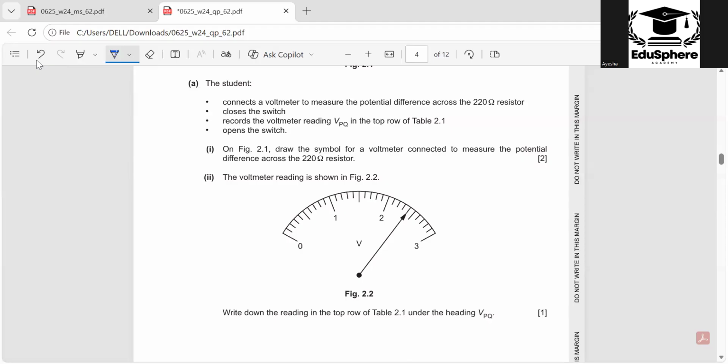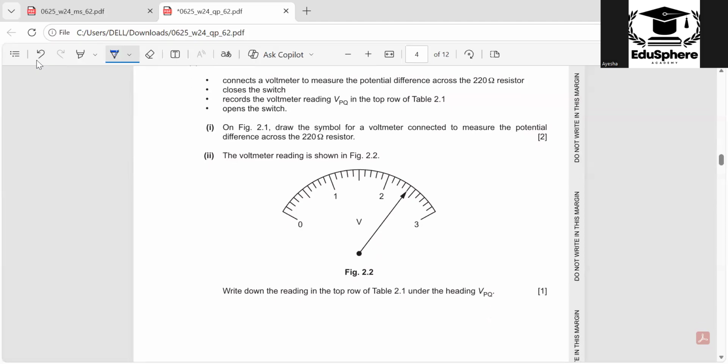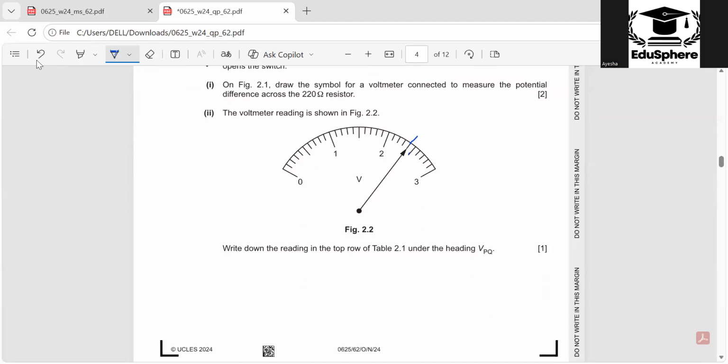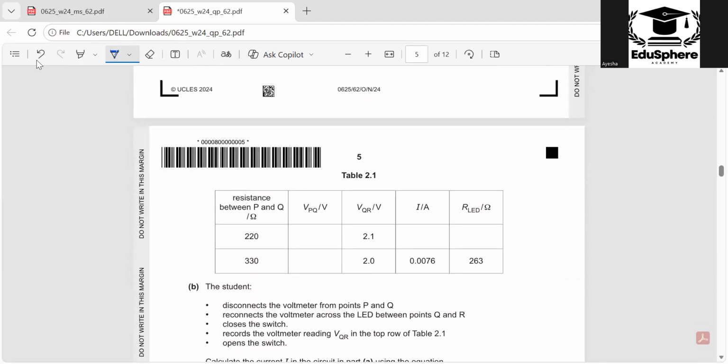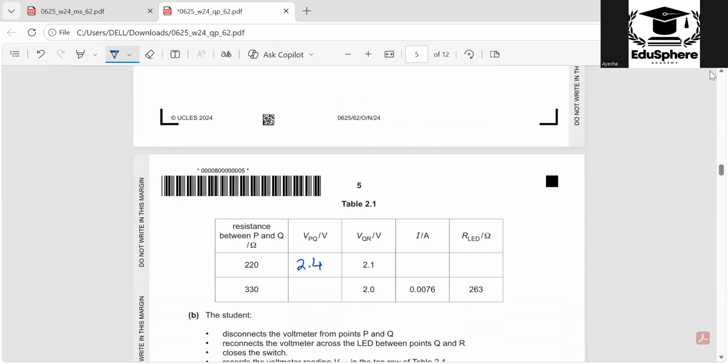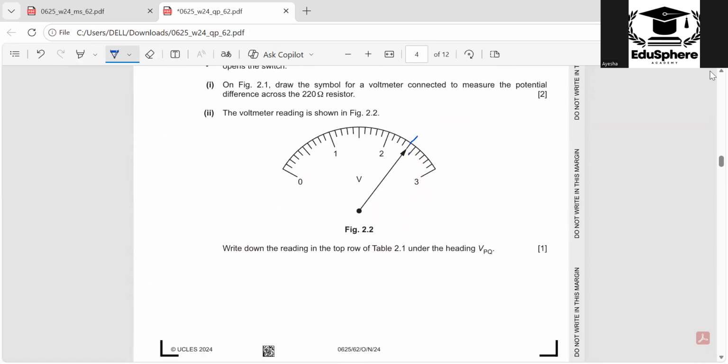We can see the voltmeter reading in PQ is between 2 and 3. This is 2.5, so the value of the reading is 2.4. So we are going to place it over here as 2.4. They asked us to write down the reading in the top row, so we have already written it.